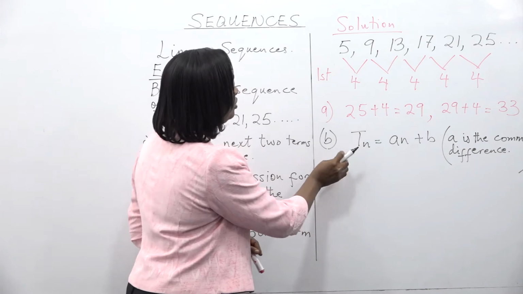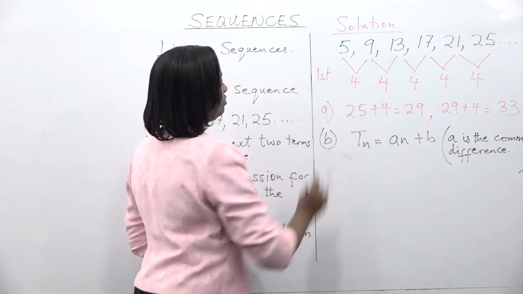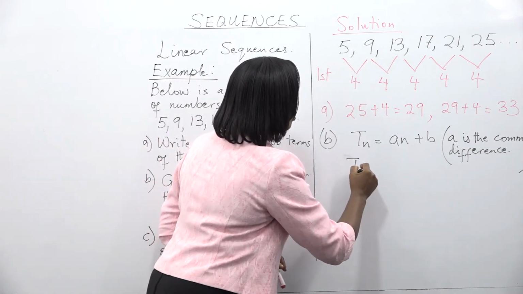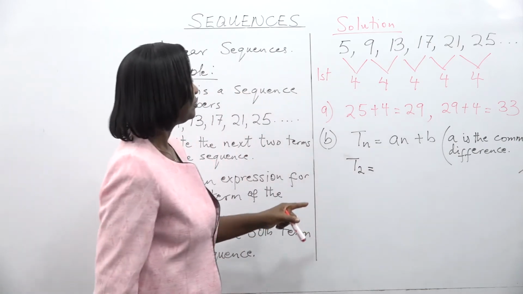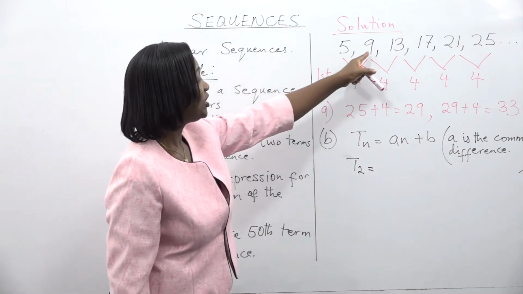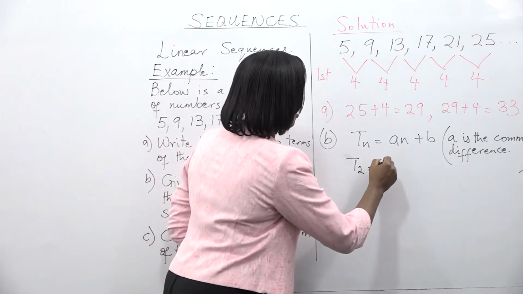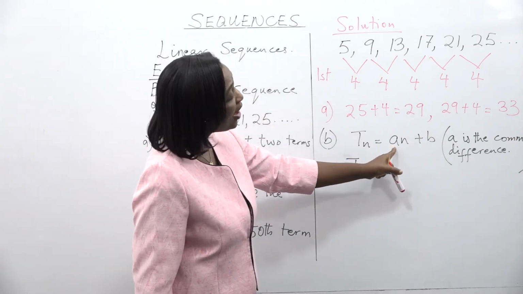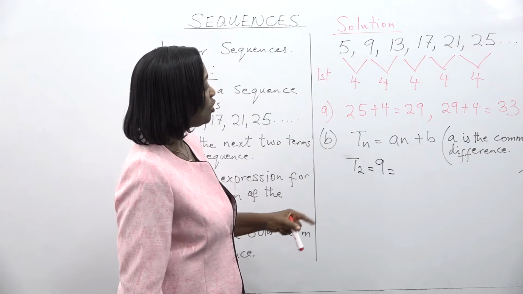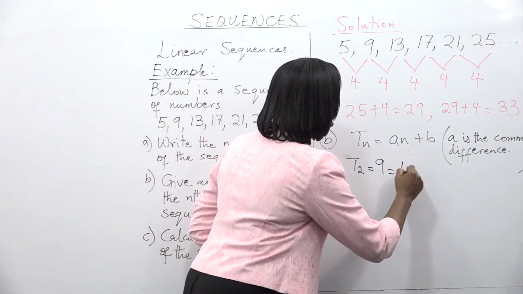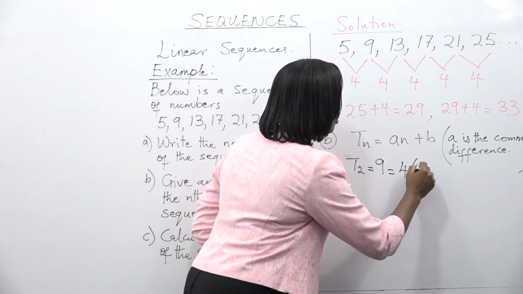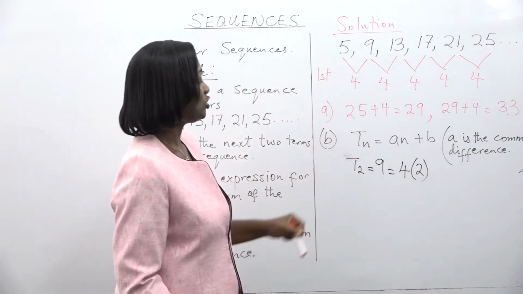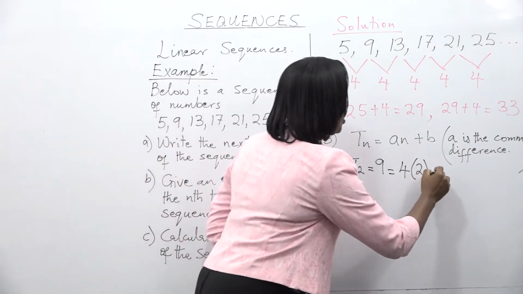Tn, for example, our second term. So we say T2 is equal to, T2 is 9, and that will be equal to a, the common difference, which we know as 4, times 2, because n is 2 in T2, plus b.